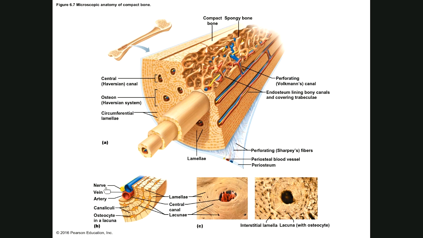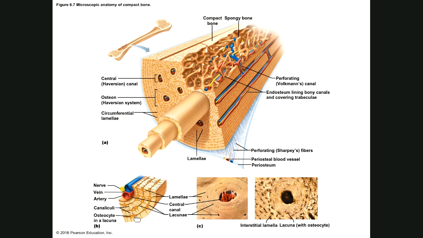Okay, what else? We can see a little bit here, these little canaliculi. So canaliculi means like mini canals or miniature canals. So the canaliculi are these really tiny lines that you see here, the really tiny canals that run in the opposite direction of both the lamellae and the central canal.